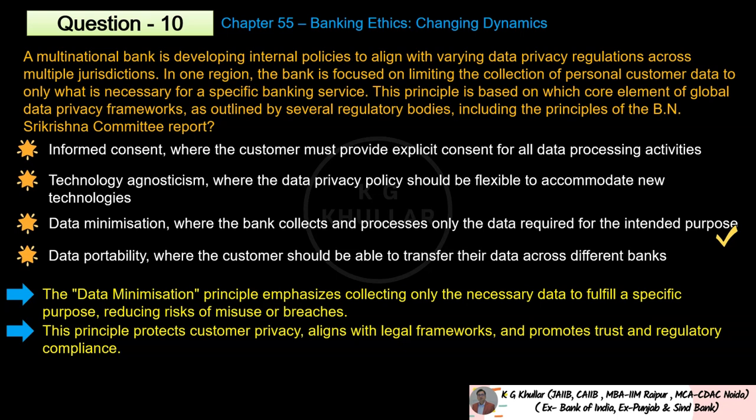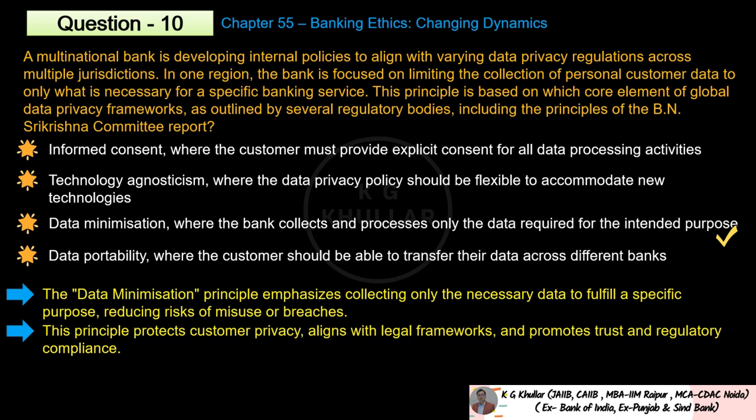Friends, this reduces the potential risk of data misuse or breach, as handling excessive or irrelevant data increases such misuse. For example, if a bank only requires basic personal data for account creation, it should not collect additional information like customer preferences or unrelated financial history unless essential to the services. Now, this principle ensures that customer privacy aligns with data frameworks aimed at limiting the overreach of data collection practices.